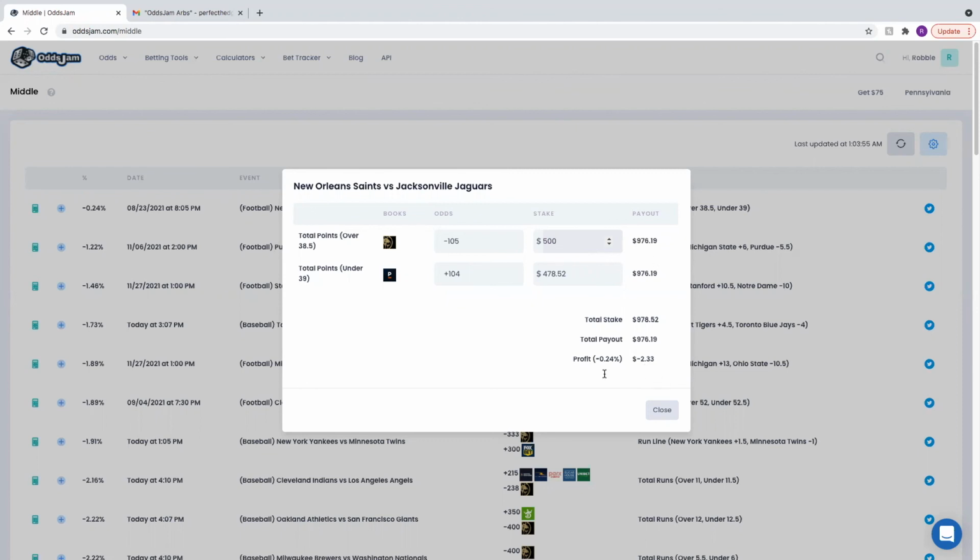So in a sense, you're risking $2.33 to win $476 and change that the exact result is 39. And if you think about it, you're not betting on a crazy outcome here. You're betting on basically what Vegas or these sportsbooks are expecting the total to be. So it's not a bad bet in that sense. It's just you're rooting for a very specific outcome.